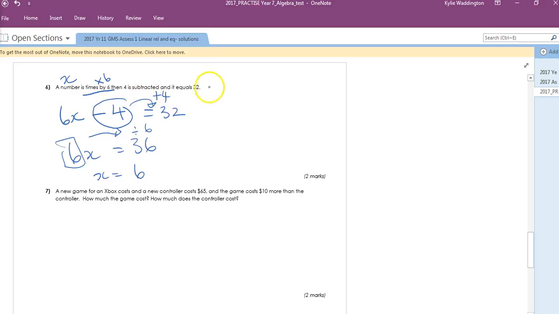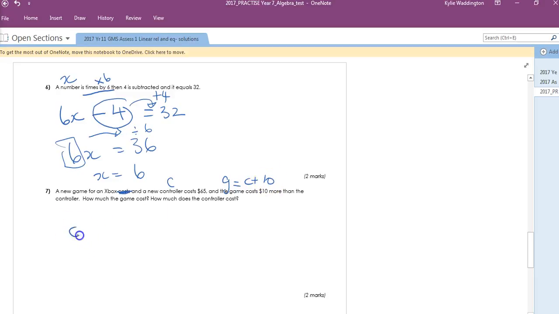Okay, then this one here, just to make it make a little bit more sense, we need to rub out that word there. So a game for an Xbox and a new controller costs $65. The game costs $10 more than the controller. So I'm going to say let controller be C, which means the game is going to be C plus 10.